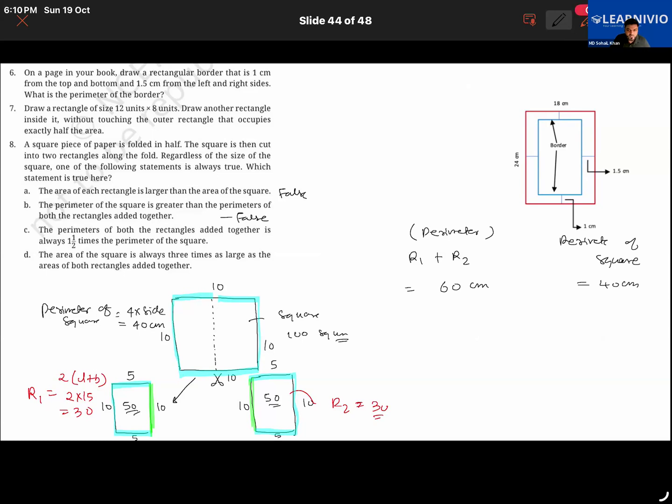Okay. It was asking us that the perimeter of both the rectangles added together is 1.5 times the perimeter of the square. So 1.5 times means what? 1.5 times the perimeter of a square means 1.5 multiplied by 40.